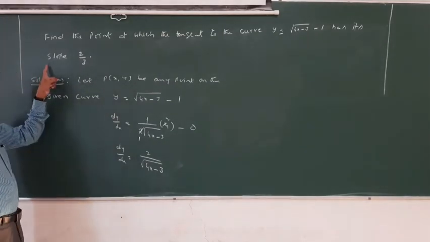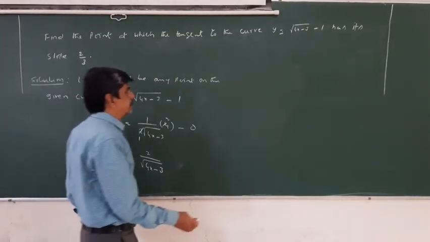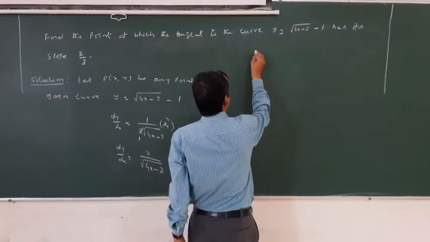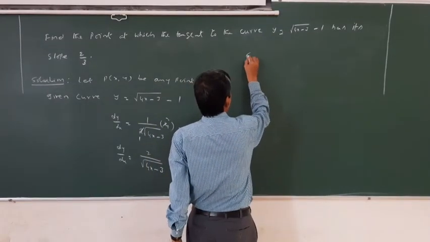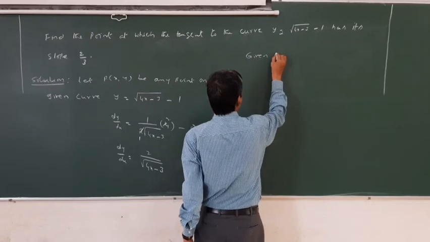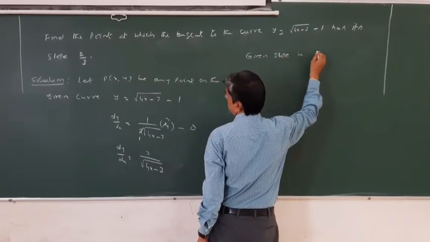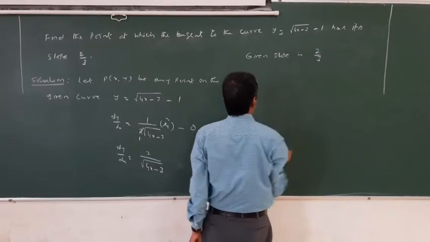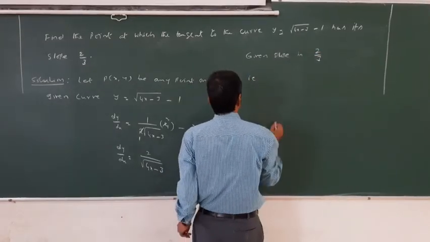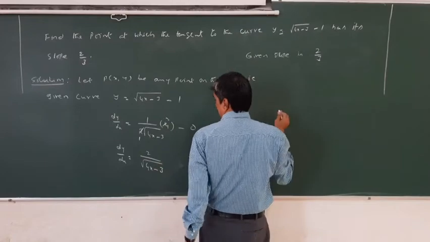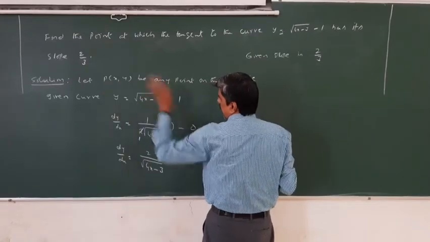But that slope is given. The given slope is 2 by 3. dy by dx is called the slope of the curve at this point.